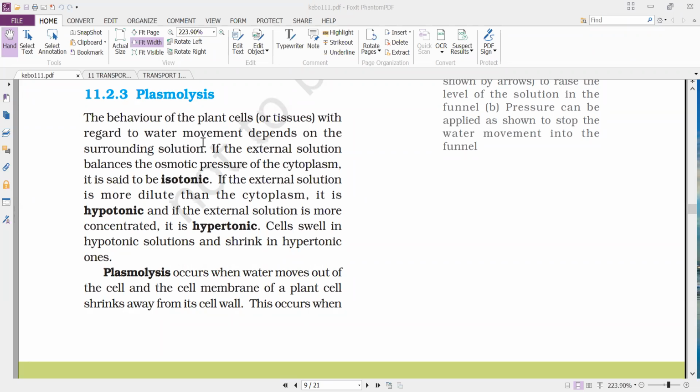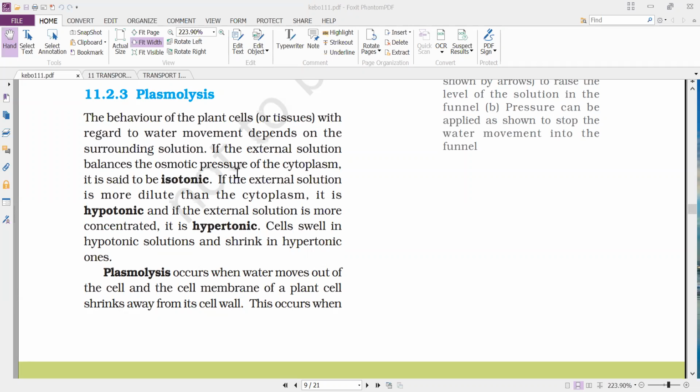If the external solution balances the osmotic pressure of the cytoplasm, that means the concentration of the cytoplasm of the cell and the concentration of the solution in the external environment are the same, then the number of water molecules entering the cell from the external environment is the same as the number entering the external solution from the cell.